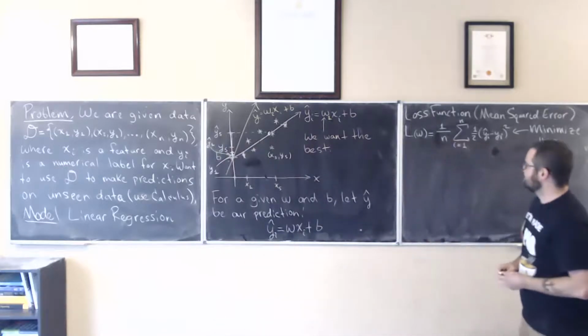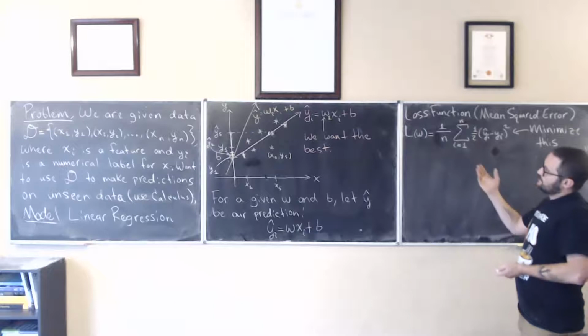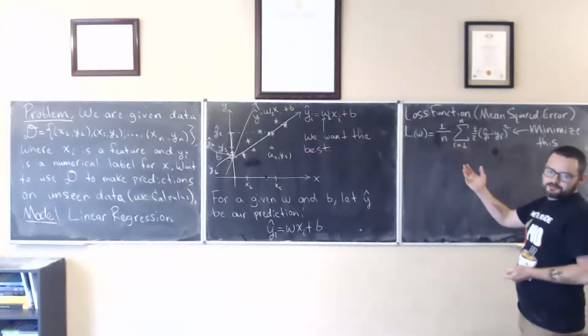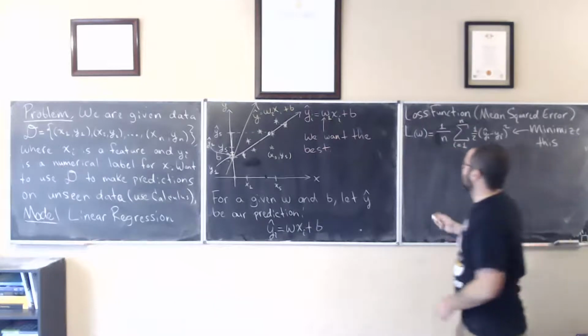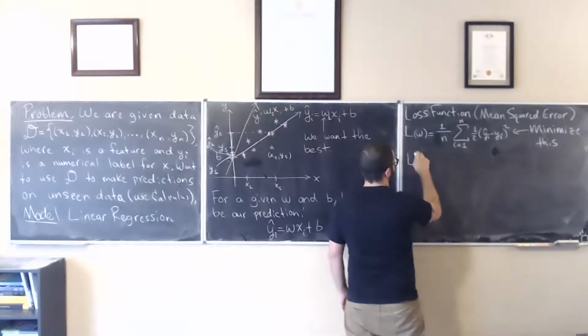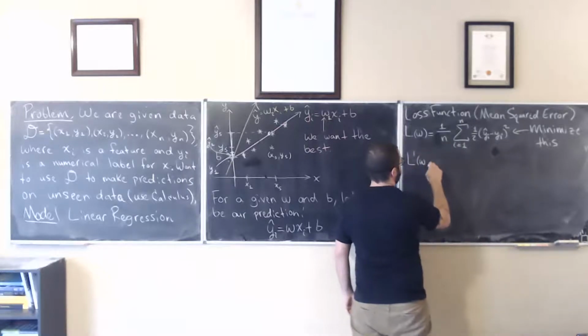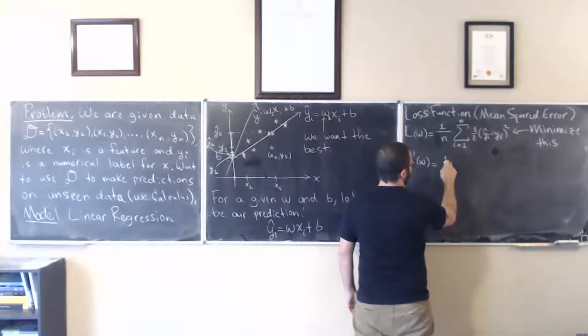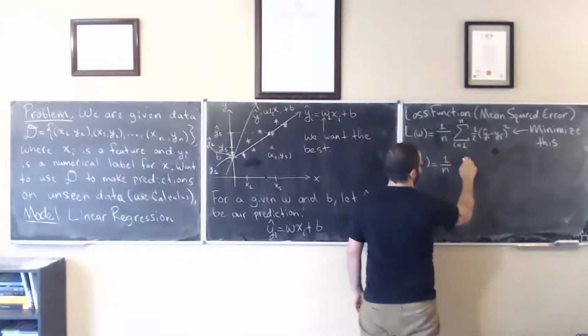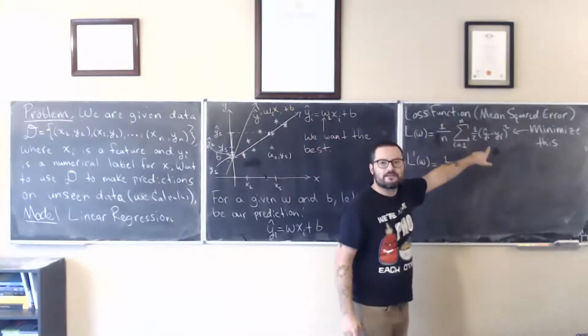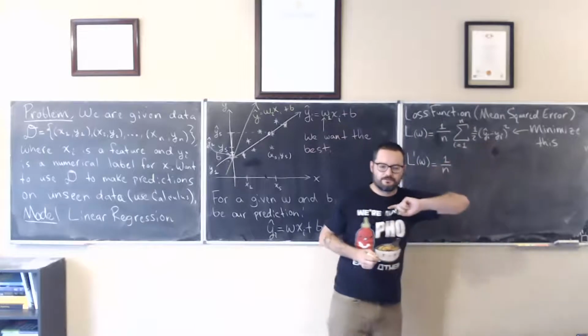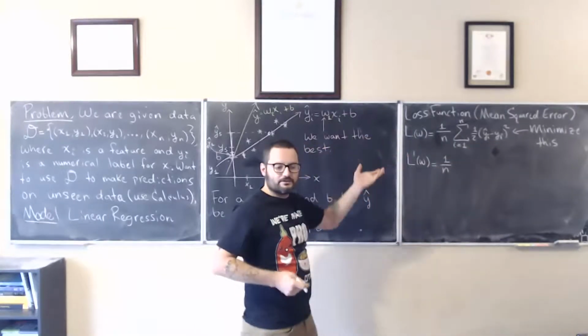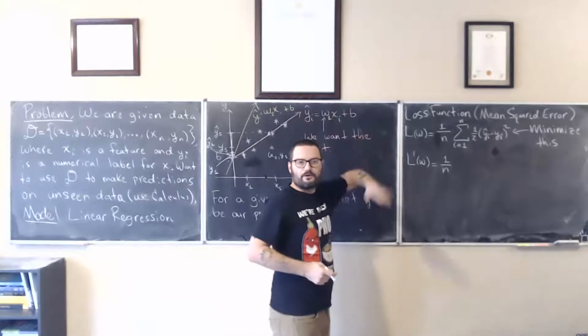So in order to do that, let's find the derivative, which happens to be, so L prime of W is equal to 1 over n. Oh, by the way, the 1 over n is taking the average error, right? You're averaging out all the errors, so we're minimizing the average error for our line.